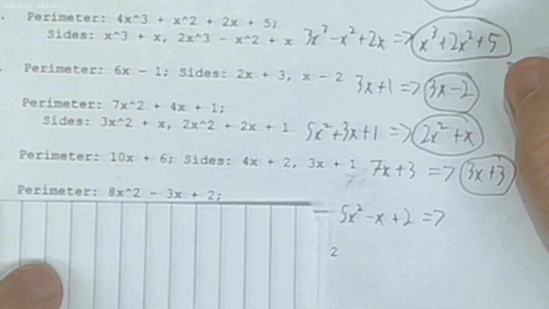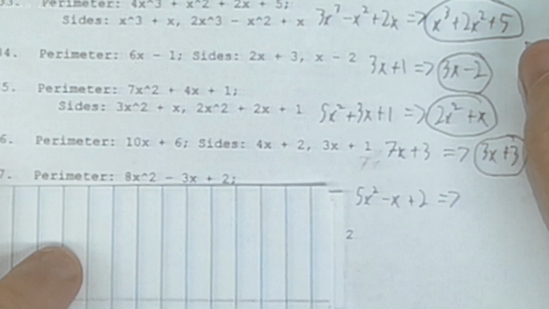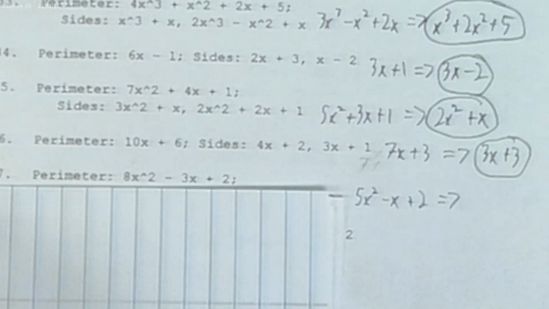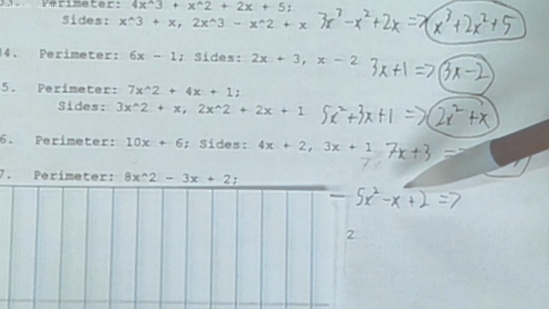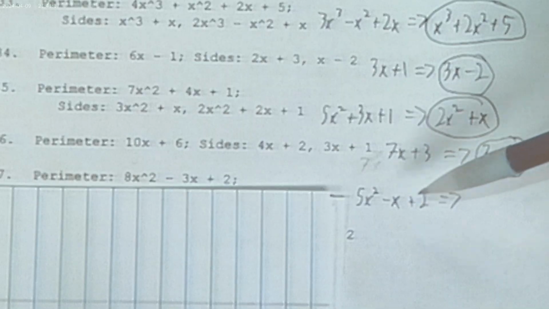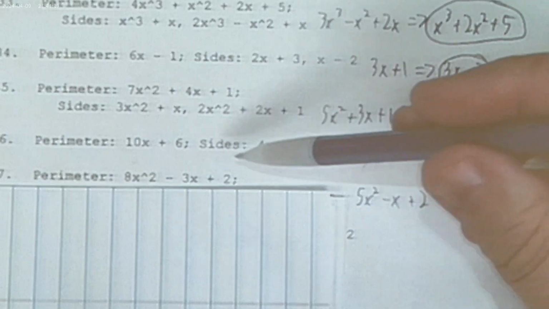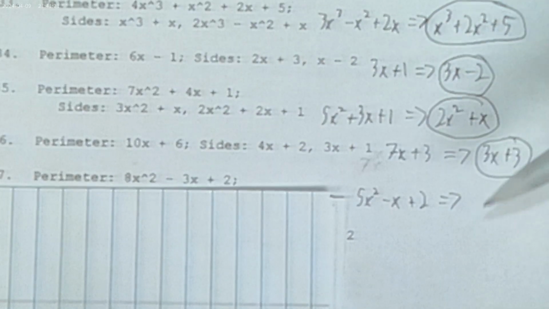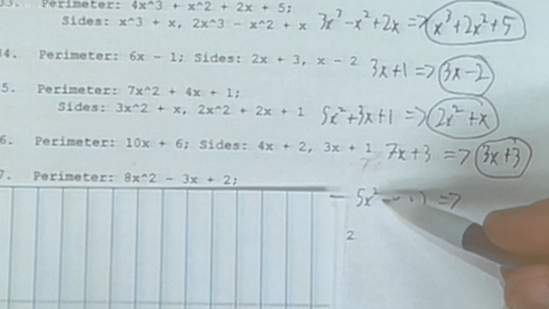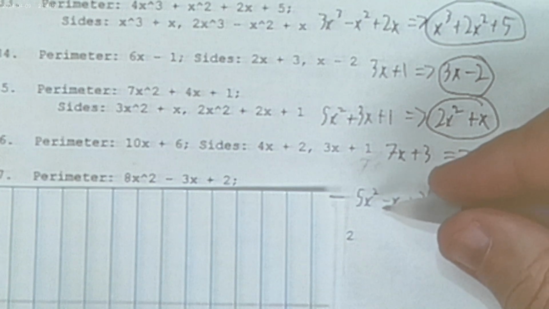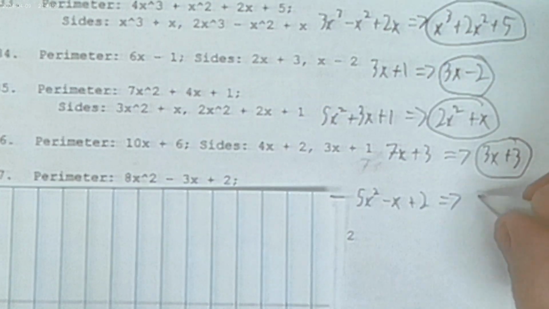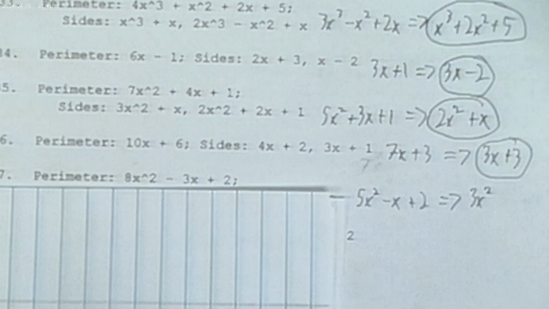Yeah, this is a better way of visualizing it. So I've got the perimeter, and I have to get this number, whatever this number is. I've got to add something to it in order to equal this number here. So 5x squared and 8x squared. The only thing I can add to 5x squared to equal 8x squared is 3x squared.